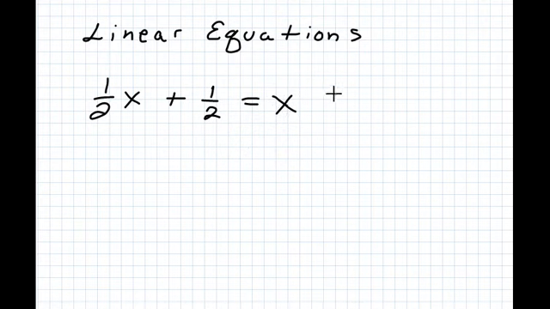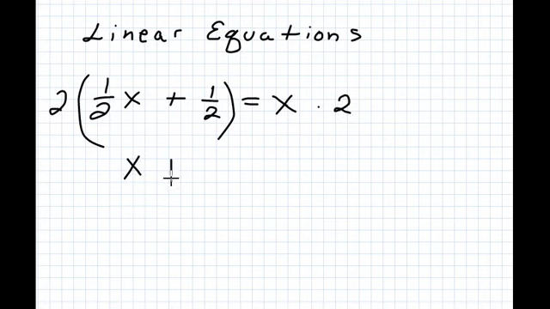So what I'm going to do is I'm going to multiply it by 2 all the way across. So multiplying this side by 2 and this side over here also by 2. So 2 times a half is 1. So we're left with x plus, and 2 times a half is 1, and then we just have 2x.